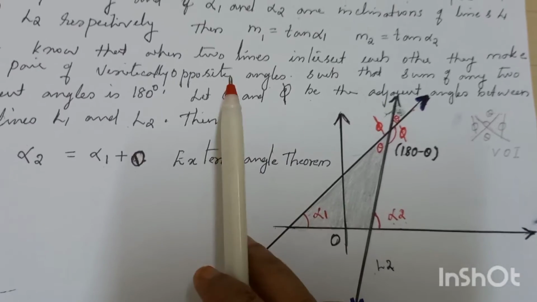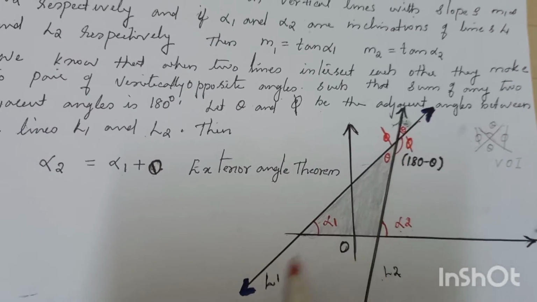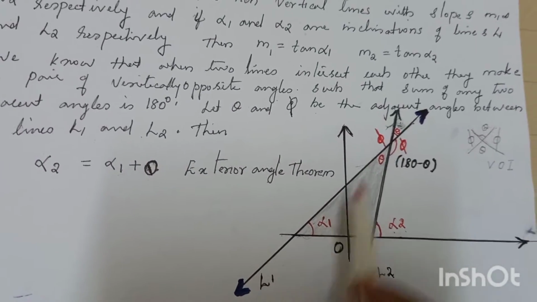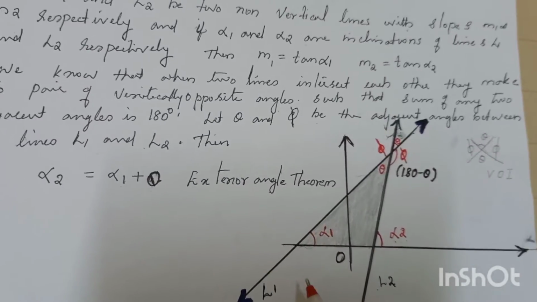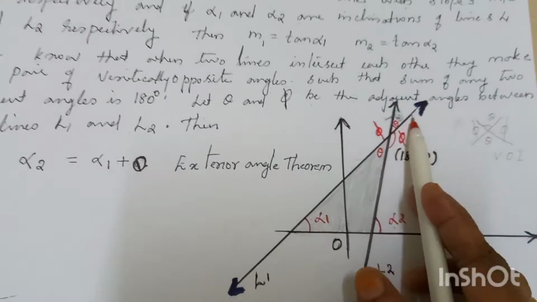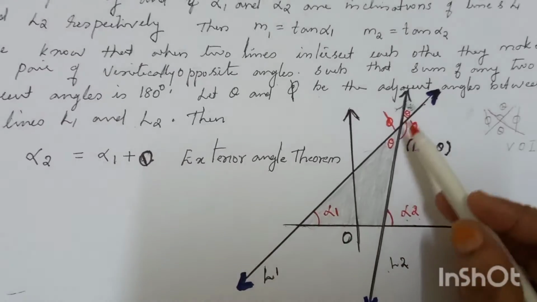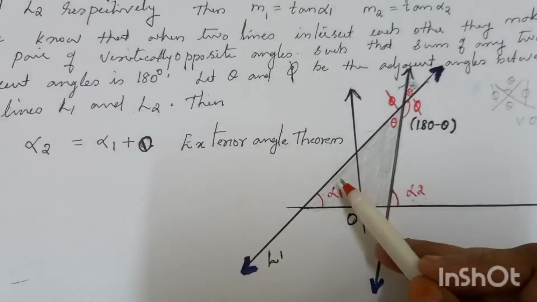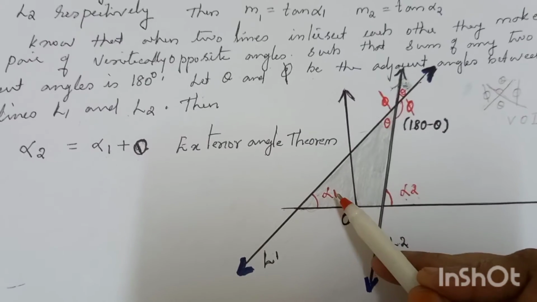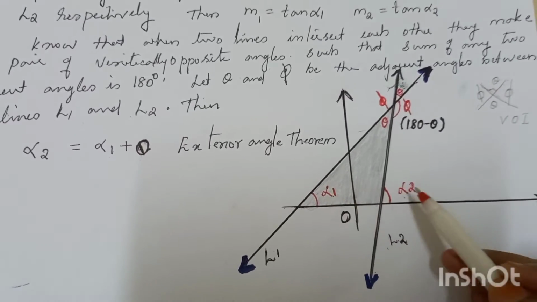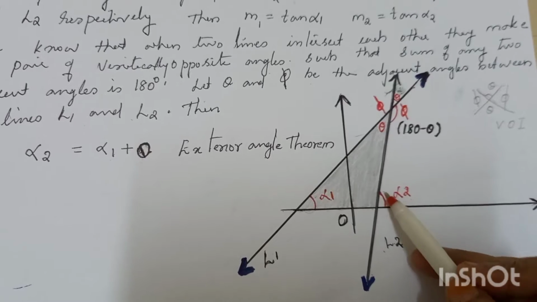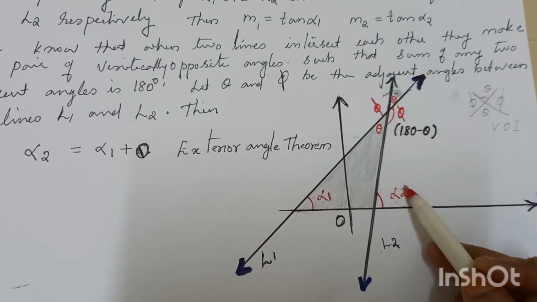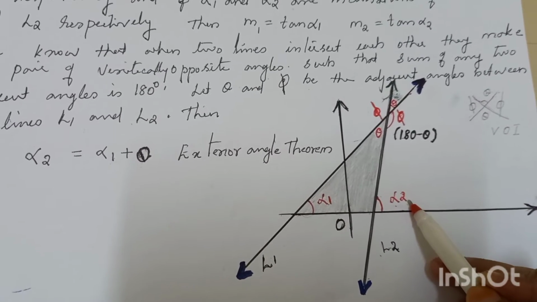Let L1 and L2 be two non-vertical lines. This line is represented by L1 and this line is represented by L2. So L1's inclination is alpha 1 and L2's inclination is alpha 2, isn't it?